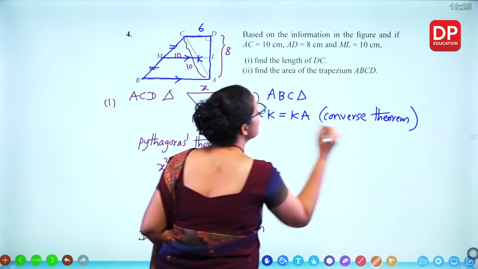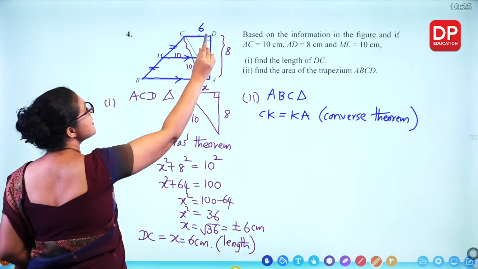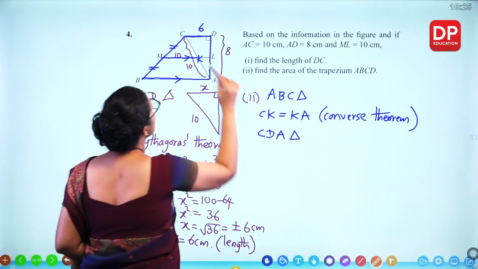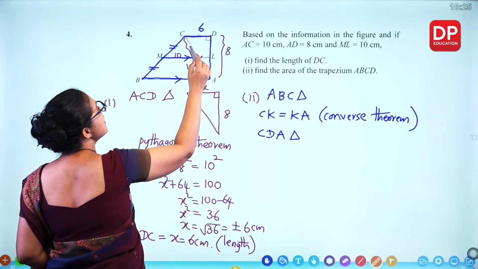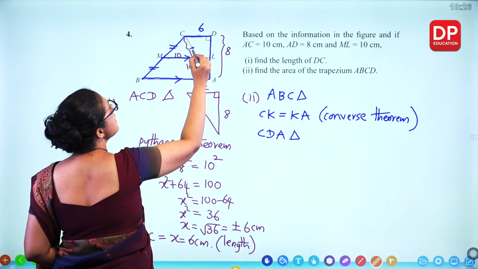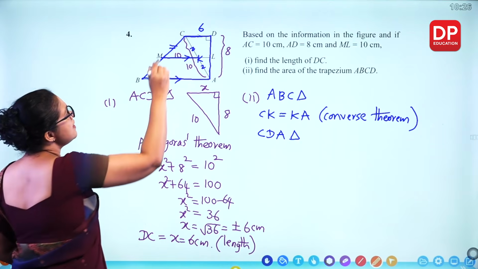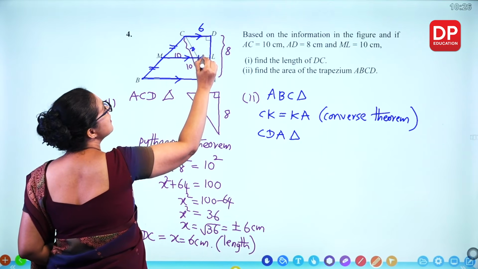Converse midpoint theorem. Now take triangle CDA. Now we know this length is equal to this length and these two are parallel.